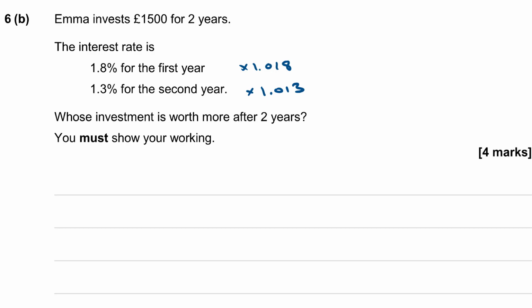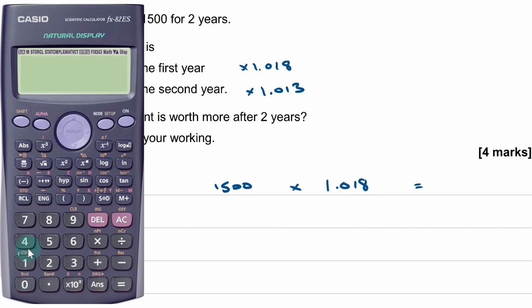So to work out this amount in the first year, we are going to be starting with £1,500 and multiplying by 1.018, which gives us 1,527. So that's what we've got at the end of the first year.